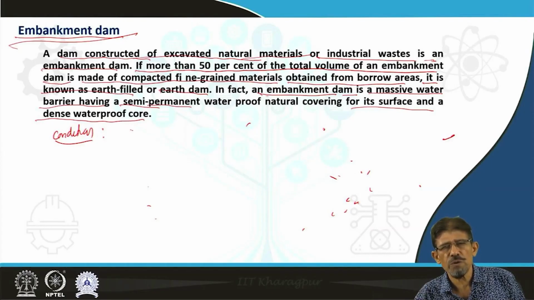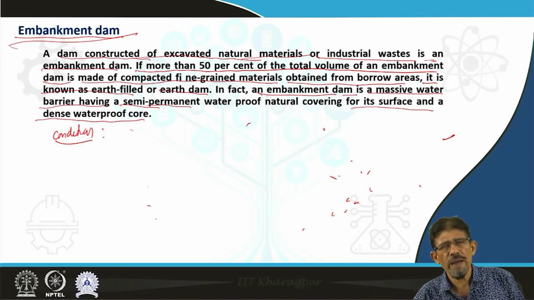Therefore, the transportation cost of material handling is comparatively low in comparison to the material used for other types of dam like gravity dam, arch dam, etc. Next, this type of dam is utilized for multi-purpose, allowing people to move by using the top or crest part as a road.